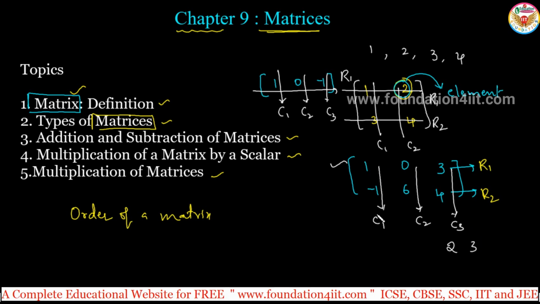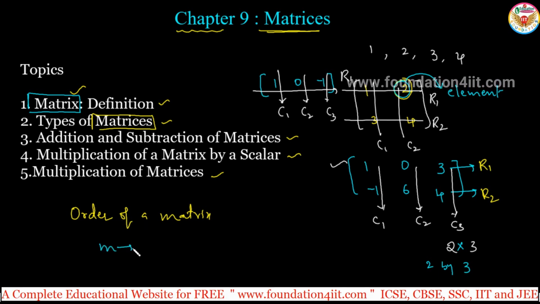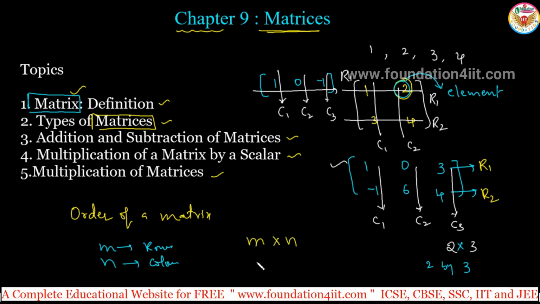We use the cross symbol in between, but we read it as 2 by 3. So if a matrix has two rows and three columns, you write 2 cross 3, and we read it as 2 by 3. If any matrix has m rows and n columns, we write it as m cross n, but we read it as m by n. That means m rows and n columns.